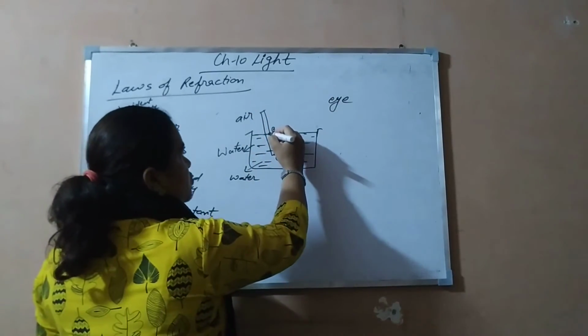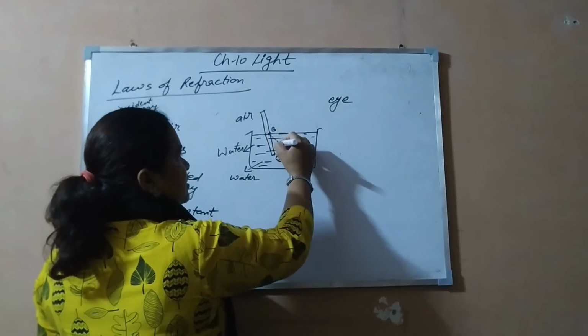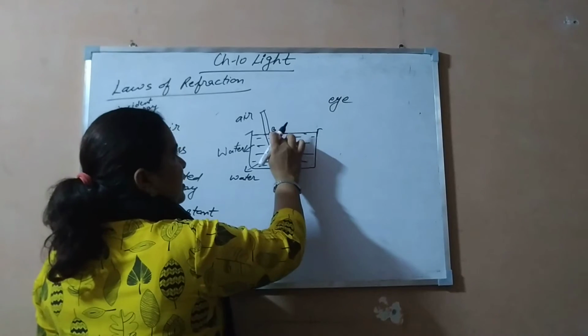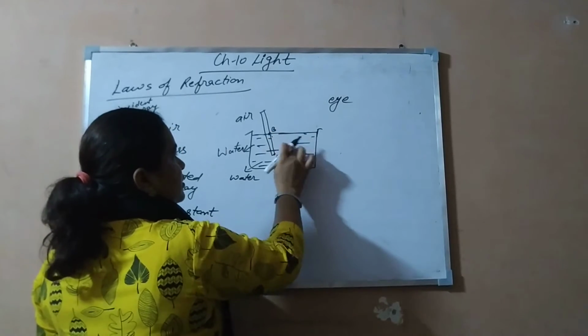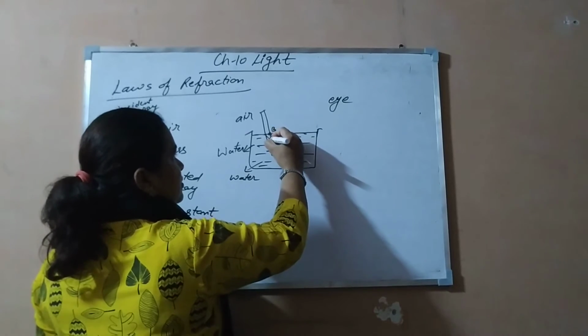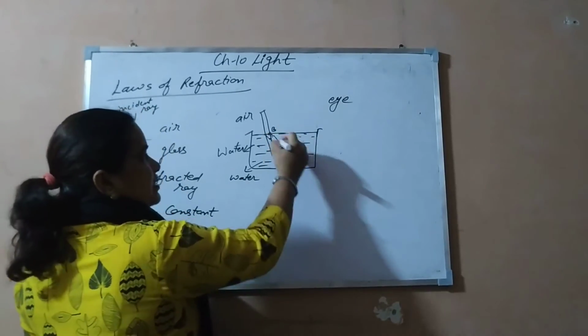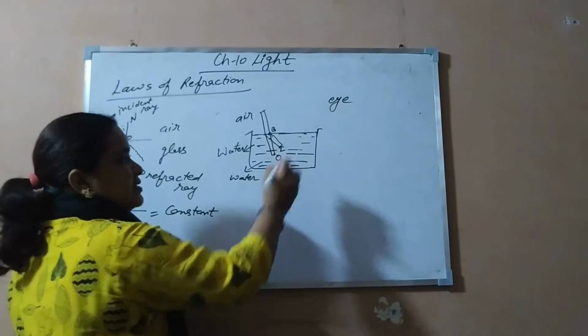Instead of this position, it appears in this position, like this. Let us take this as I.